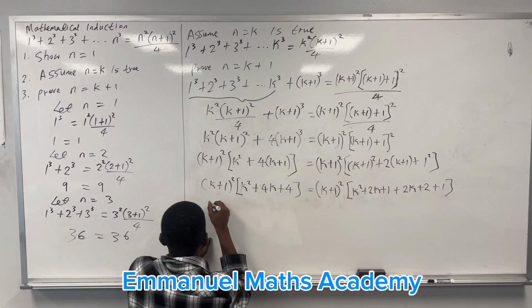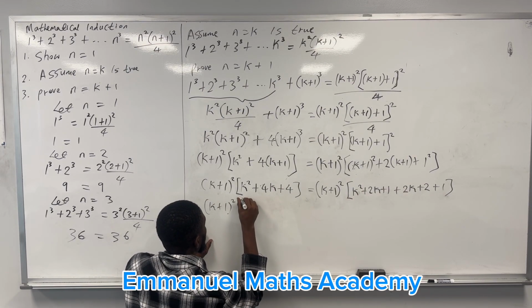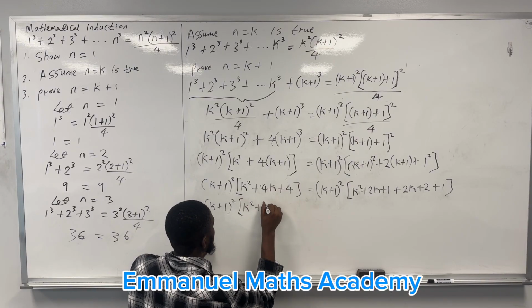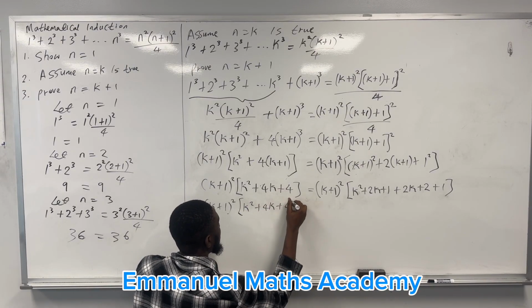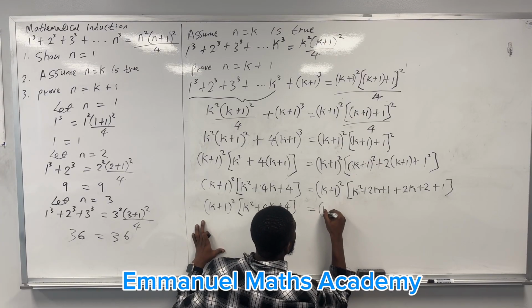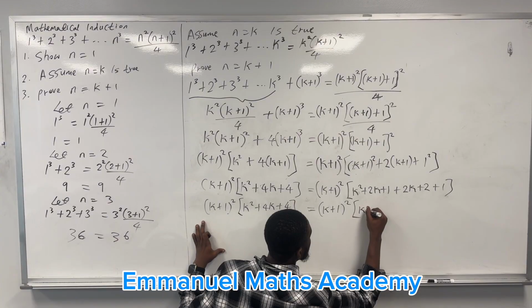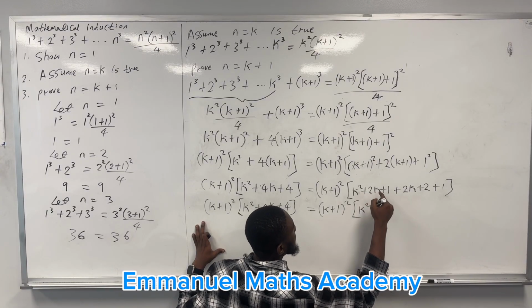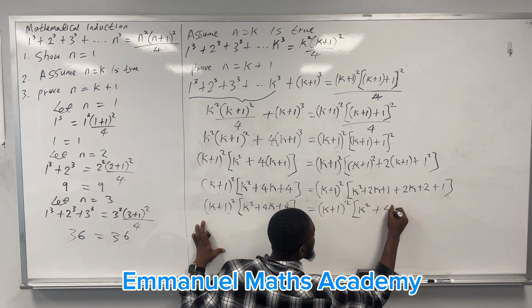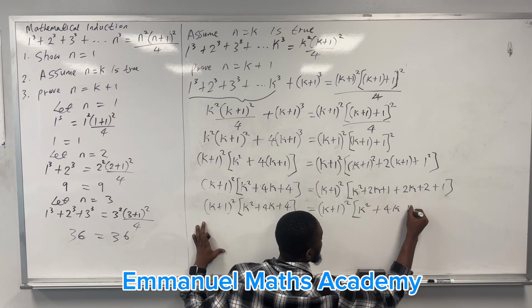Hence, here we have (k plus 1) squared into (k squared plus 4k plus 4) equal to (k plus 1) squared. All this is what? K squared. We collect like terms. You have 2k plus 2k, 4k. You have 1 plus 2, 3 plus 1, 4.